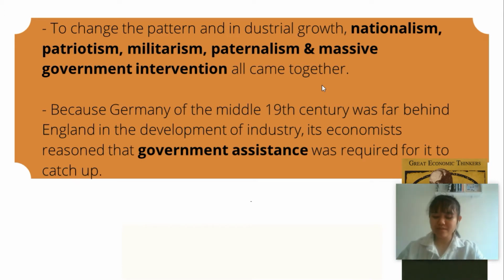Because Germany in the middle of the 19th century was far behind England in the development of industry and its economy, there were reasons that government assistance was required for it to catch up.